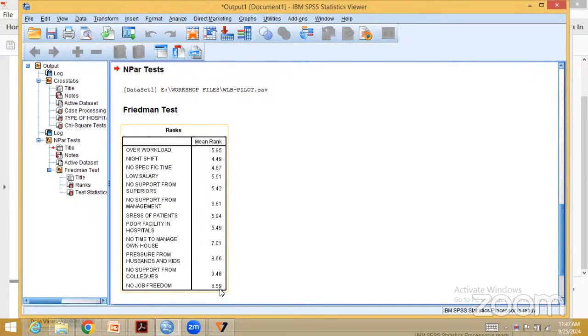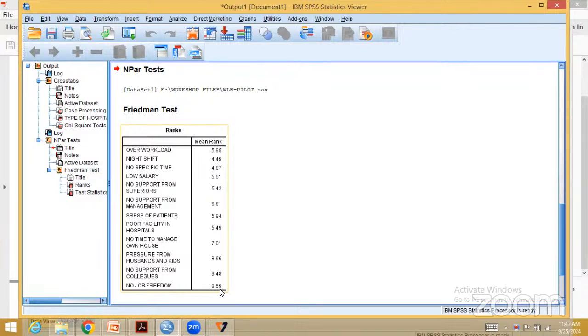This is the problem. See, if you give first rank, that means rank number 1, to a particular variable, it should have the lowest mean. Otherwise, the rank 1 may be converted into a score.